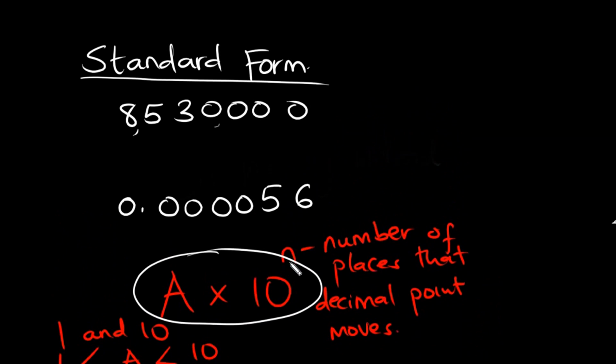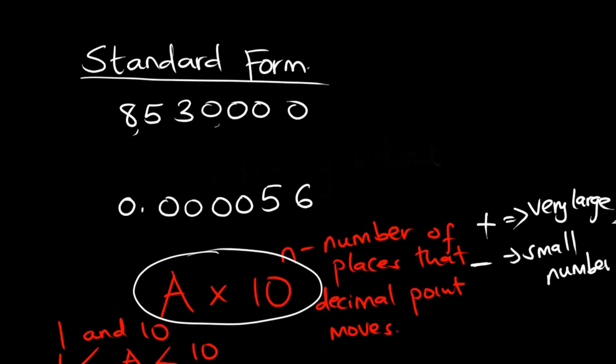If it's positive, it means that it's a very large number. Then if it's negative, it's a very small number.